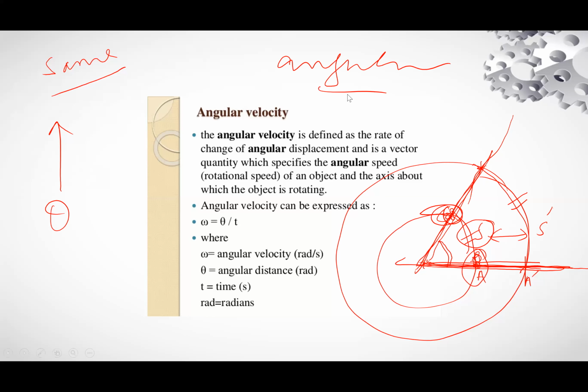So if you take two points on the same line on different circles and you measure linear displacement, linear velocity, and linear acceleration, it will be different on different circles but on the same lines. And angular quantities, angular displacement, angular velocity, and angular acceleration will be the same on the same lines between different circles.